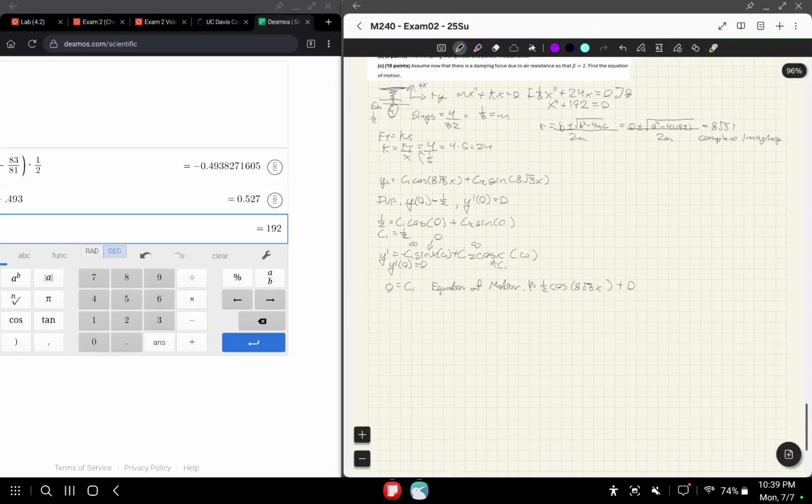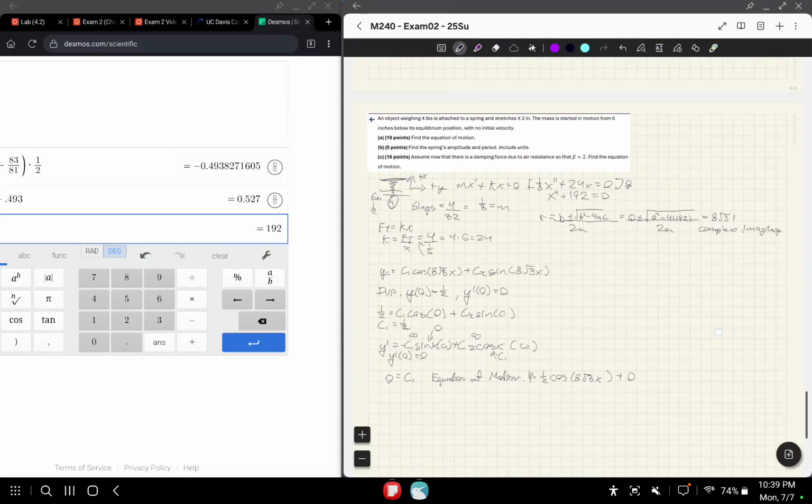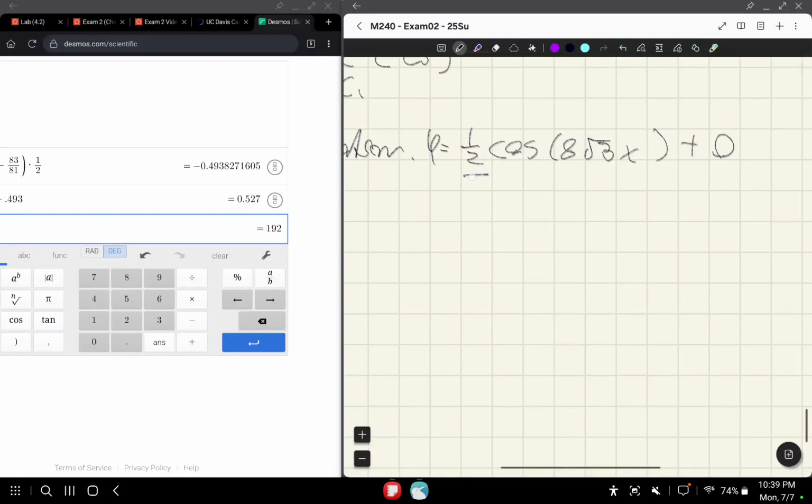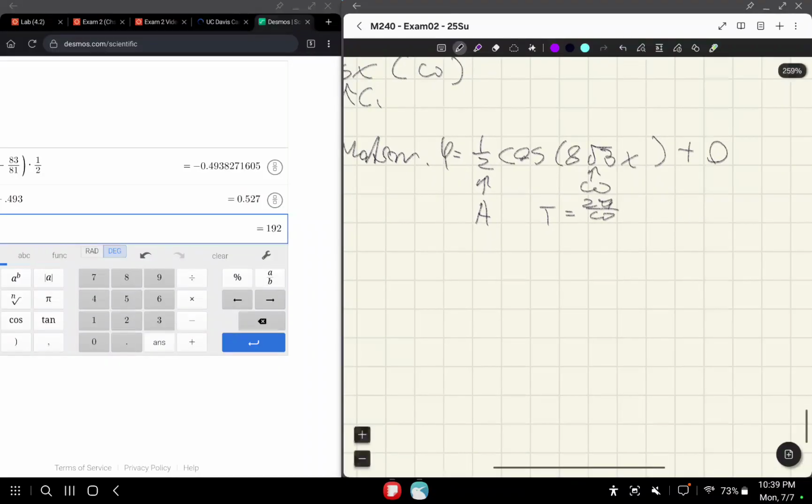So, find the amplitude and period. The amplitude is just this value right here, like in the wave equation from physics. To find the period, you take the angular frequency, and the period in seconds will be 2 pi over the angular frequency.